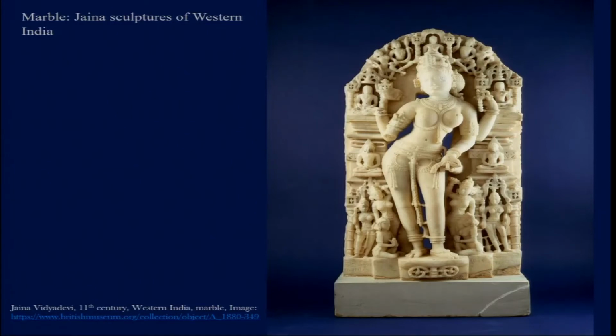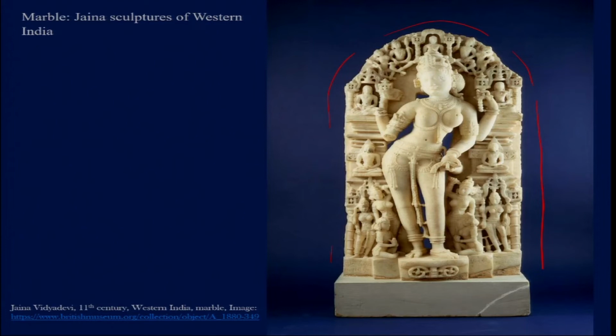What we see here in terms of the use of marble is the Jaina Vidya Devi, standing in the center of this high relief. There is a frame, a gateway-like frame, which also makes a back stele for Vidya Devi.